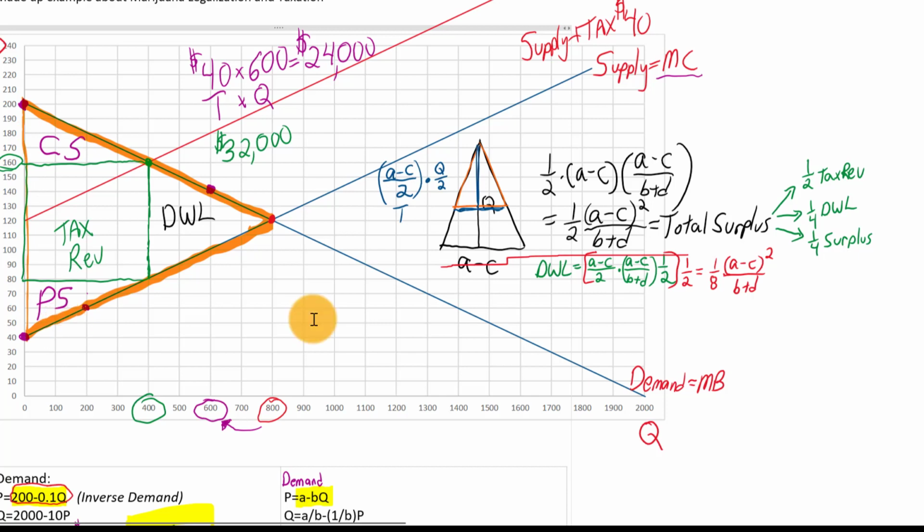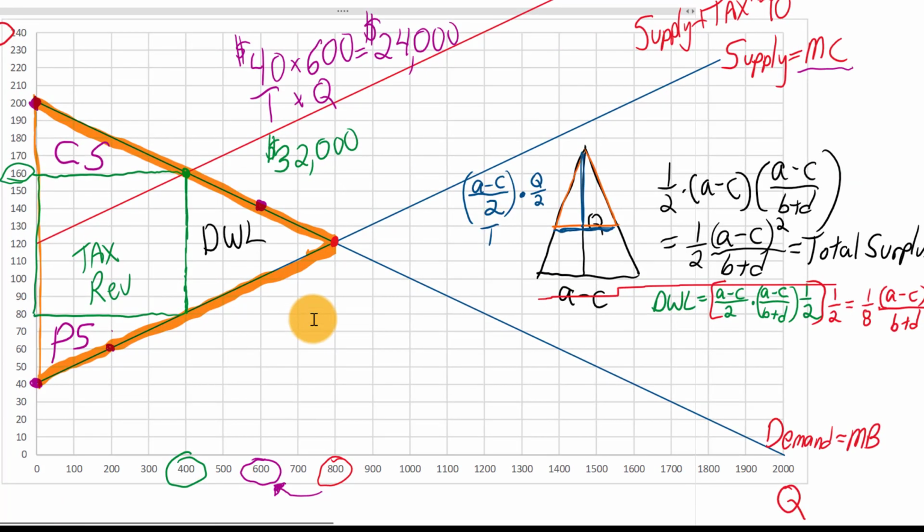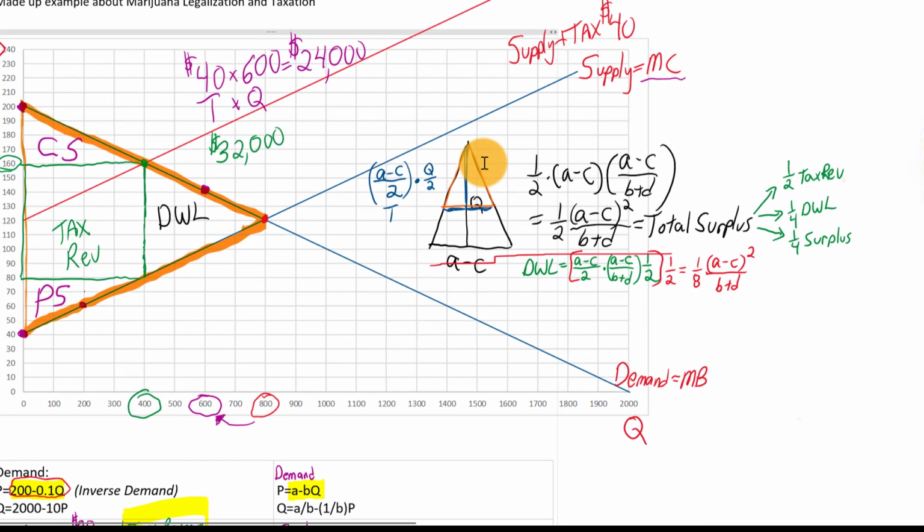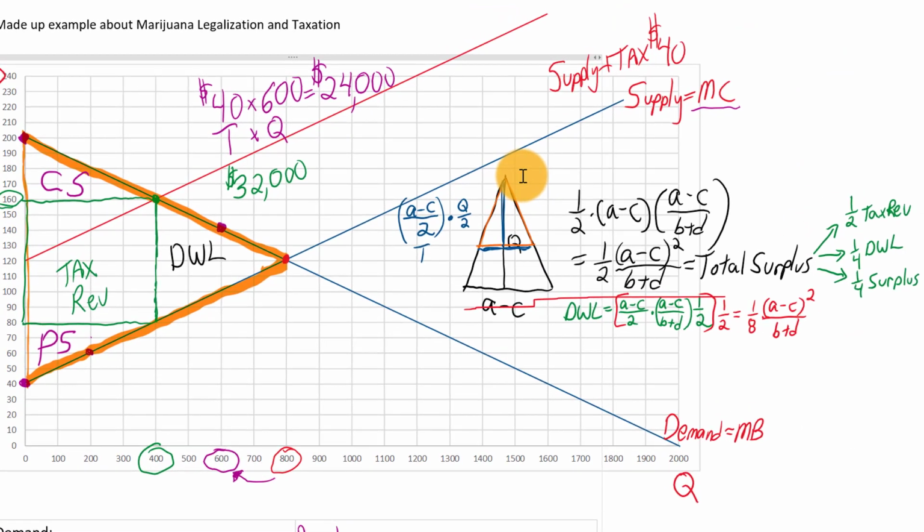Now, since we have such simple geometry, it's not that shocking, but it's interesting to be able to grind through some algebra that's not all that tough and see how you can get some more general results to a specific problem of a specific demand, specific supply, and a tax rate. So I hope you've enjoyed coming on this journey a little bit with me.